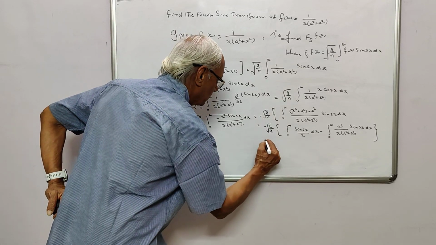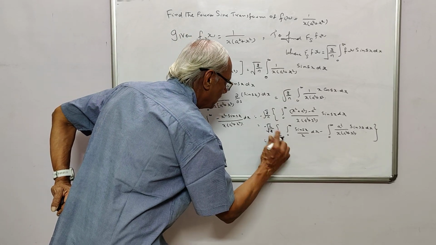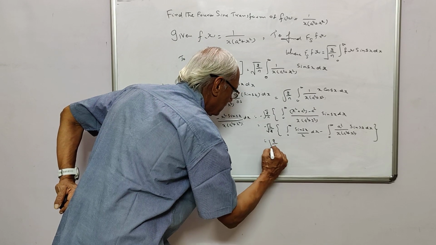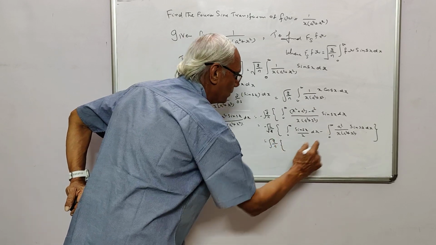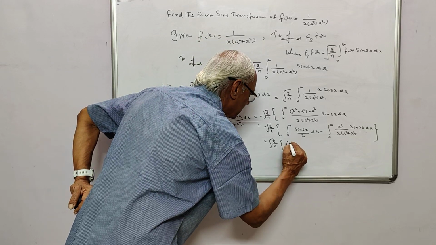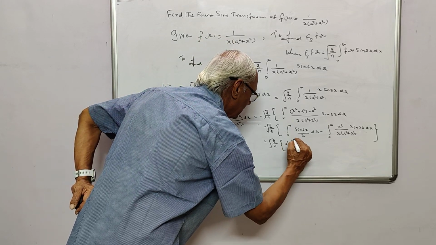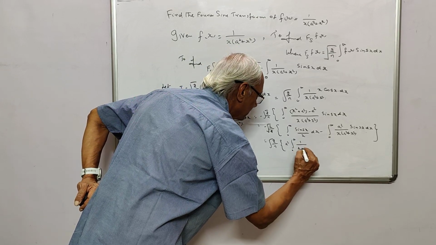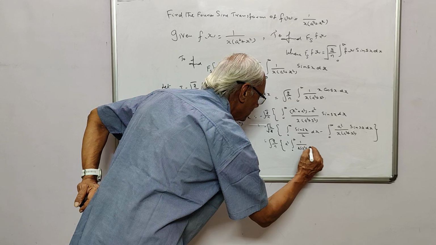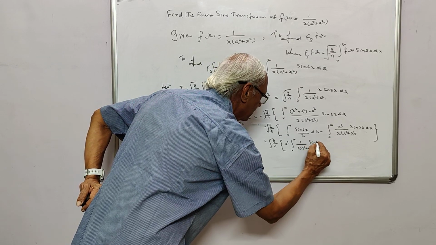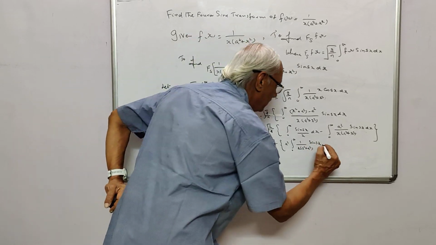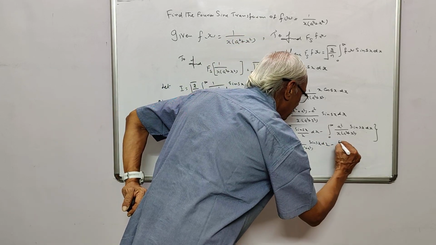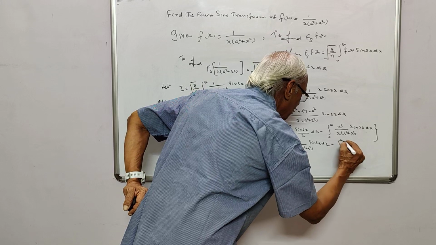So what is it that you get here? Take this minus sign inside. So this is what you get. So this becomes this, into dx, minus integral from 0 to infinity.